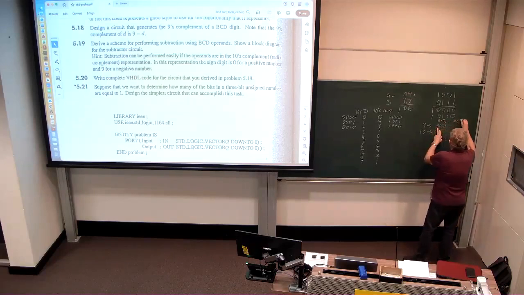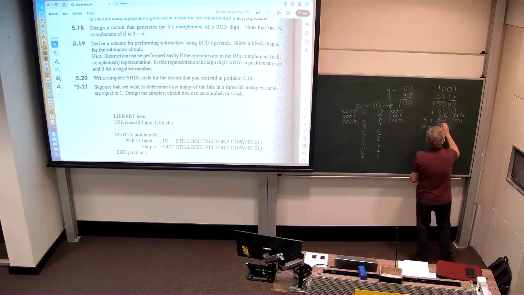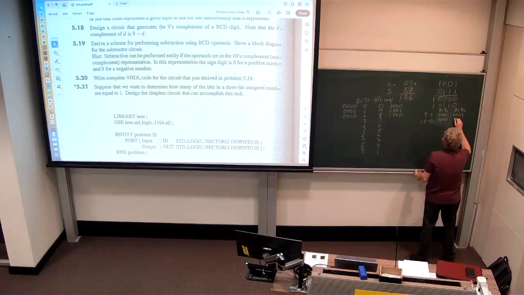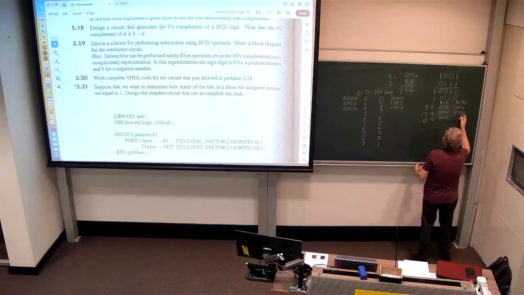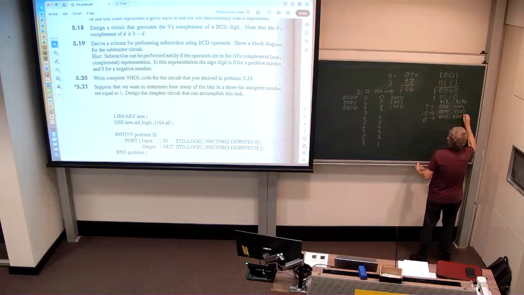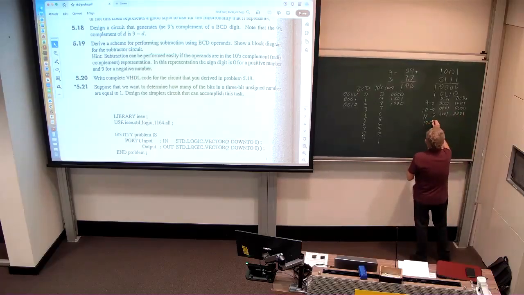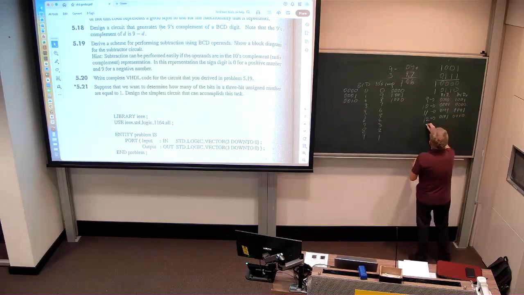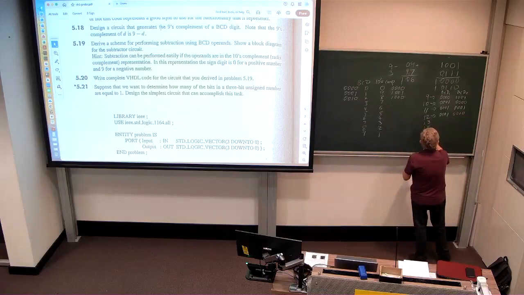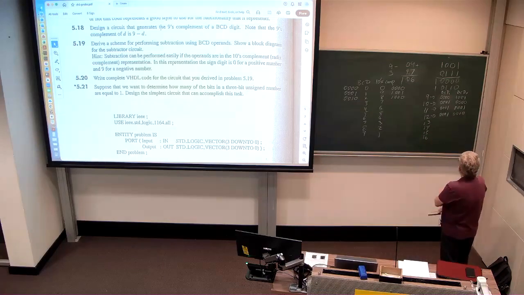And BCD 0 should be 1. 10 will be 0, 0, 0, 1 with 0, 0, 0, 0. 11 will be 12. So we've got to worry about 13, 14, 15, 16. Do we have to worry about anything above 16?